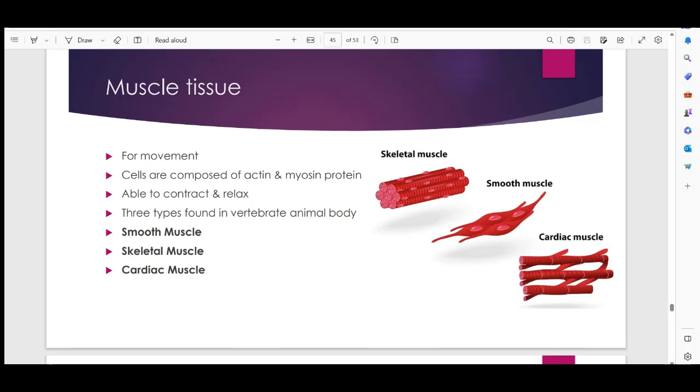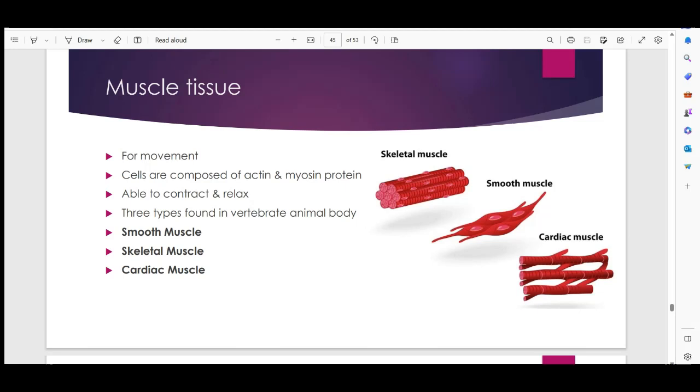Muscle tissue has two types of proteins. In unit number 2, you learned about these two types of proteins. Do you remember the chart under the proteins category, under organic molecules, with catalytic proteins, storage proteins, structural proteins? In this chart, we talk about actin and myosin proteins.